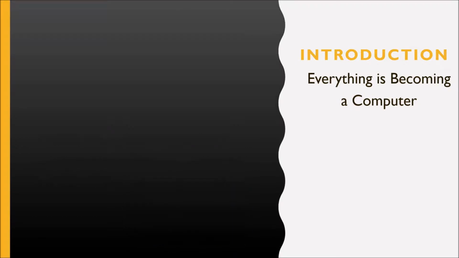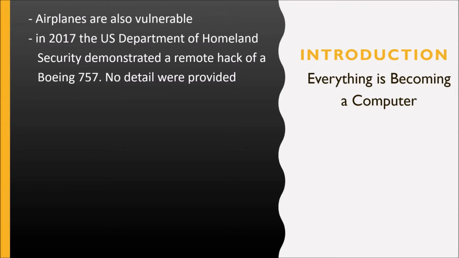And airplanes are also vulnerable. For many years, airplane builders were saying that there is no way you can hack an airplane. But in 2017, the US Department of Homeland Security demonstrated that a remote hack of a Boeing 757 was possible using, again, the entertainment system. Nowadays, airplanes give you the option to watch movies while you are traveling.